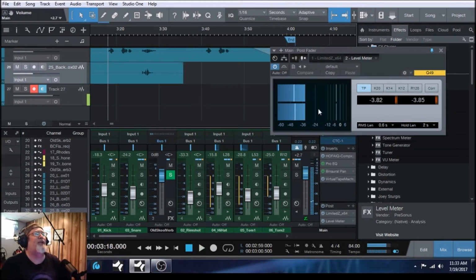Now, that's pretty good. This is the end of the song, so it's kind of climaxing. That's why the RMS is pushing up a little bit higher.